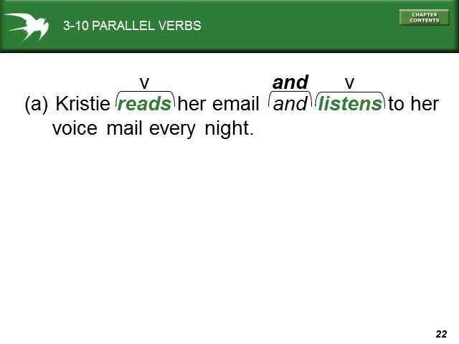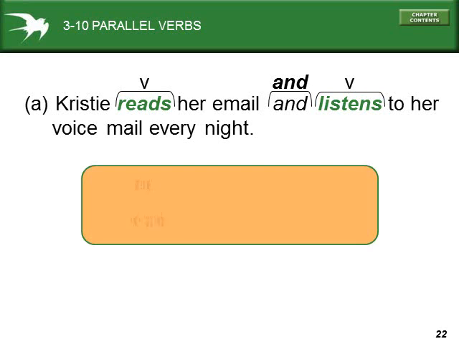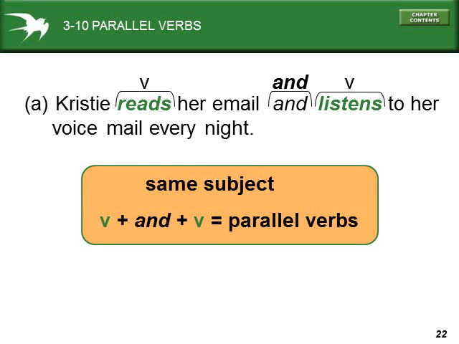So Christy reads her email and listens to her voicemail every night. In this case, you have one subject, Christy, and you have two verbs, which are reads and listens. When we say parallel, we mean that the verbs are both in the same tense. So reads and listens are both in the simple present tense.